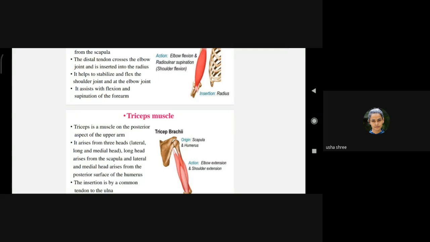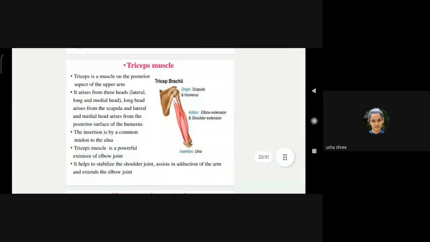Now, the tricep muscle. The tricep is a muscle on the posterior aspect of the upper arm. It has three heads, which is why its name is tricep. The heads are lateral, long, and medial.